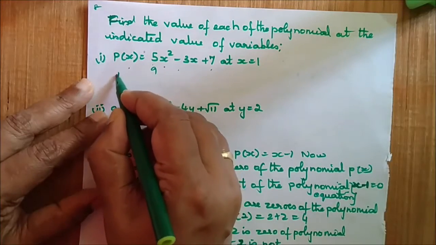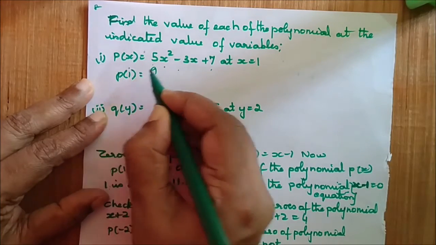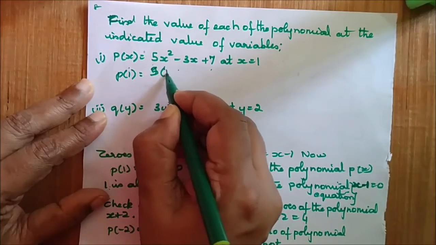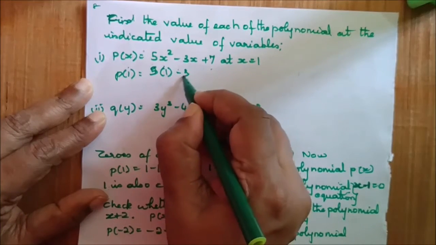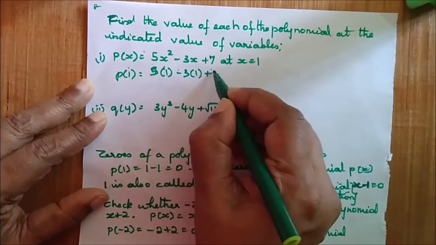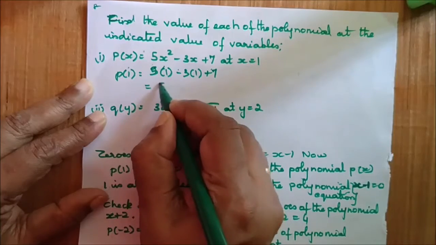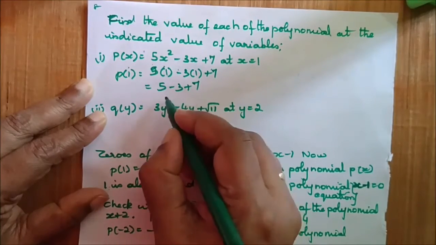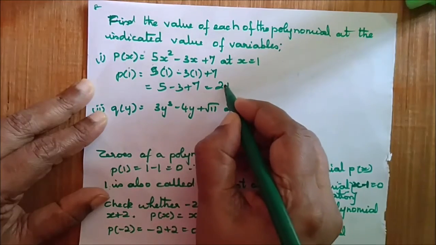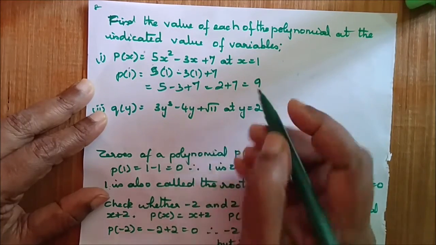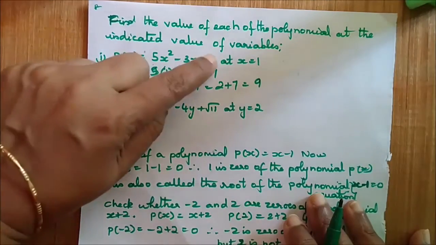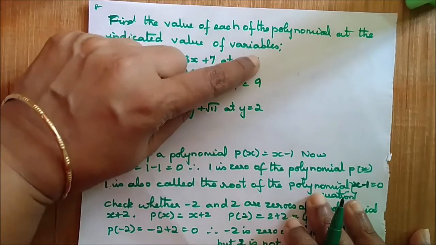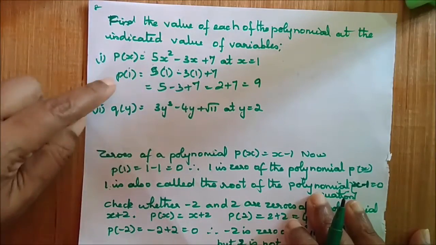So this can be written as p of 1 is equal to 5 into 1 minus 3 into 1 plus 7. This is nothing but 5 minus 3 plus 7, or in other words it is 2 plus 7, which is equal to 9.